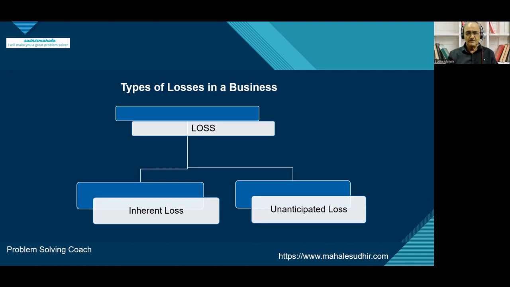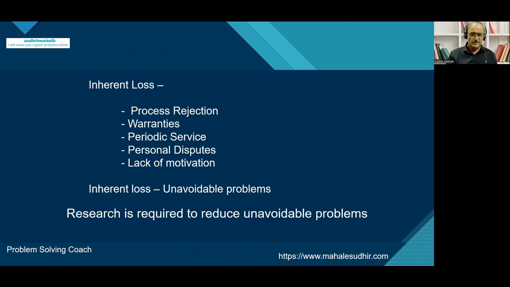But then we have to find out why it is there. What type of inherent loss is there? The process rejection. There will be warranties on the product, or periodic servicing. Because of some personal disputes, there may be loss in the business.